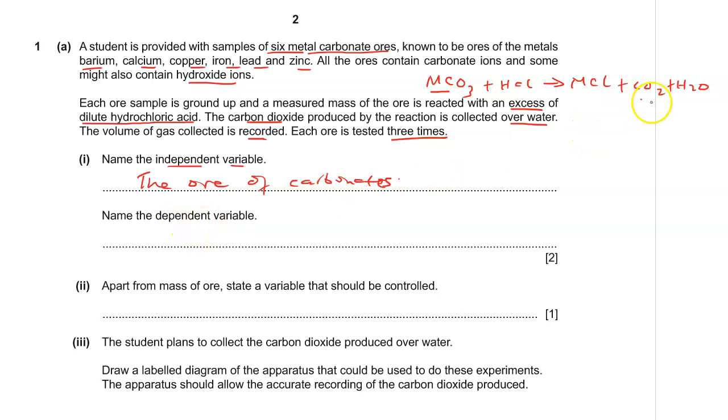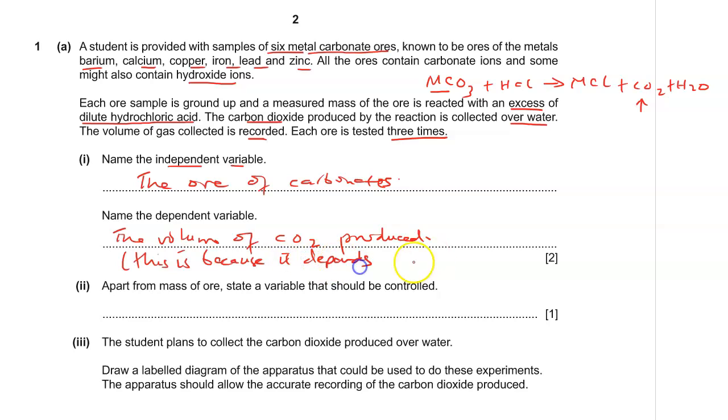Name the dependent variable. The dependent variable is the volume of carbon dioxide produced, because the carbon dioxide produced depends on the amount of ore used, the mass of the ore that is reacted with excess hydrochloric acid.